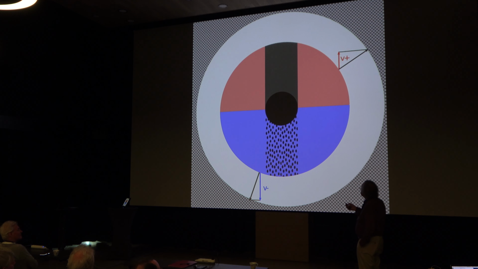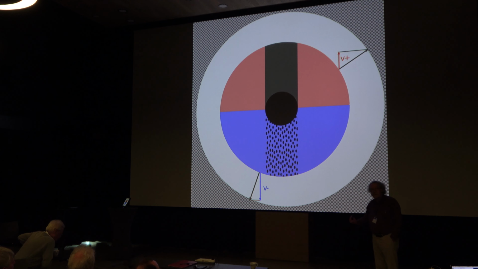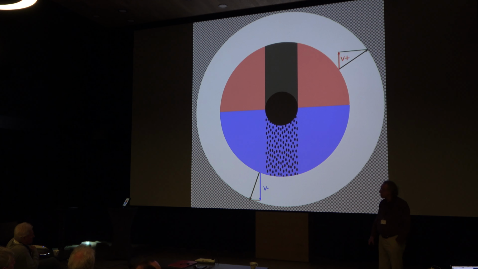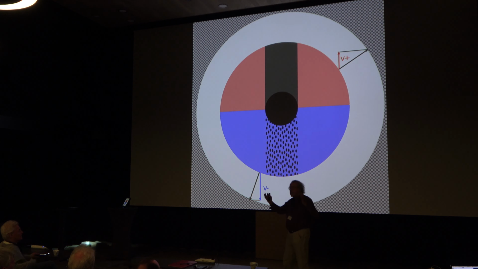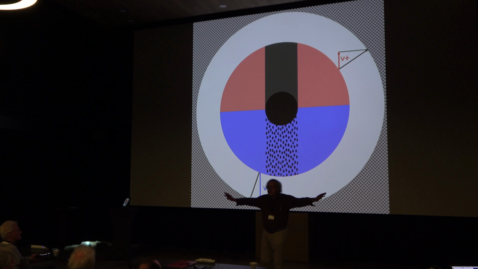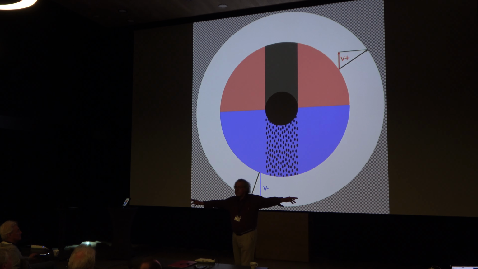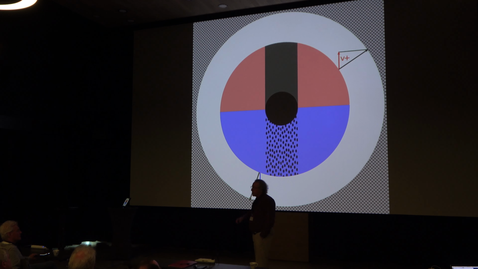It's accelerating to a final speed of 1,500, 1,600 kilometers per second. The star has a diameter of 25 solar radii, and the temperature is about 30,000 Kelvin.